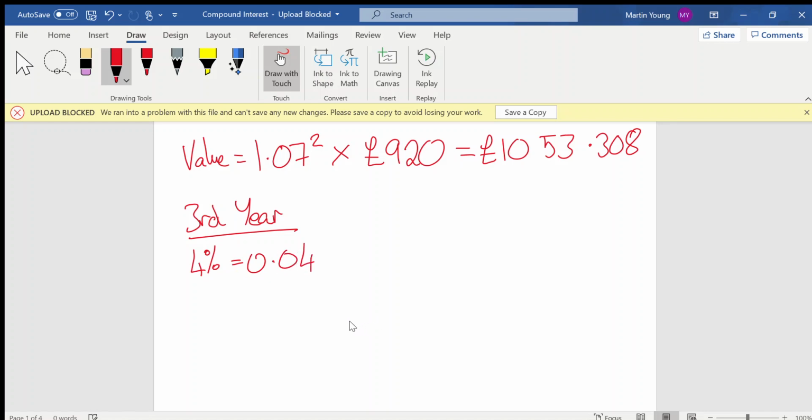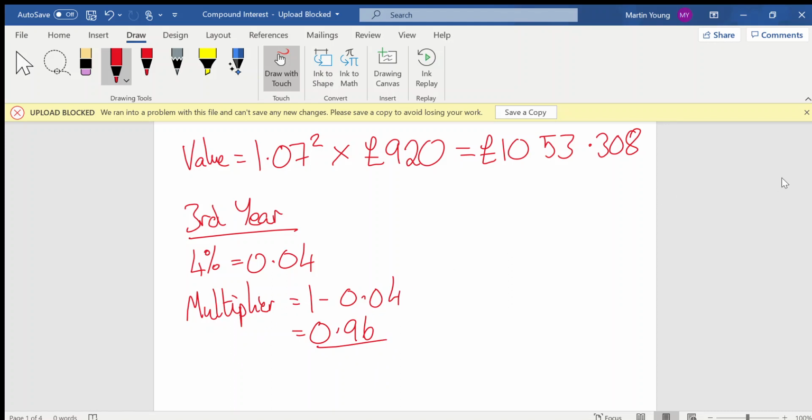Now if I'm decreasing, remember you always start with 100%, which is 1, and if I'm decreasing, it's going to be taken away. So the multiplier for this one is going to be 1 take away 0.04, so it's going to be 0.96. This is only for 1 year, so I don't have to worry about a power, right? I'm not doing it over multiple years.